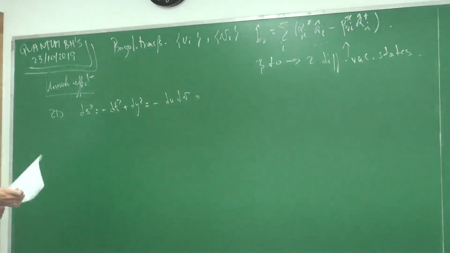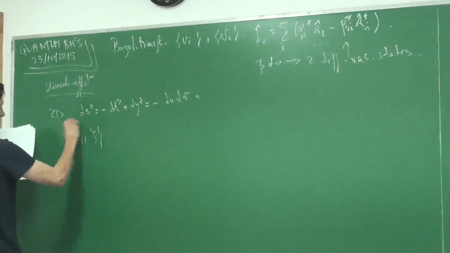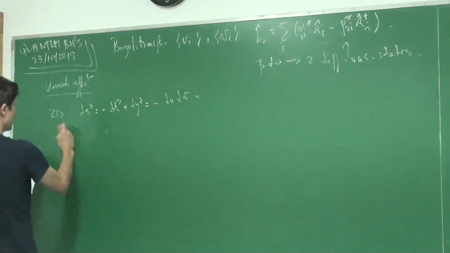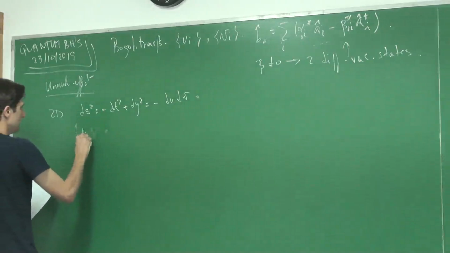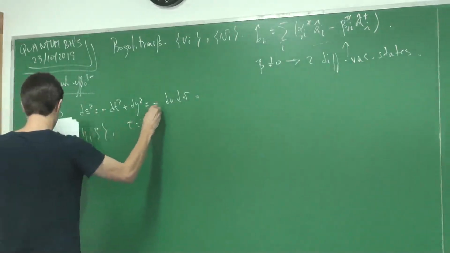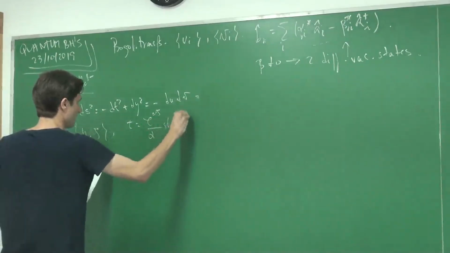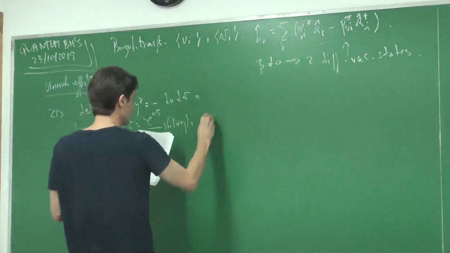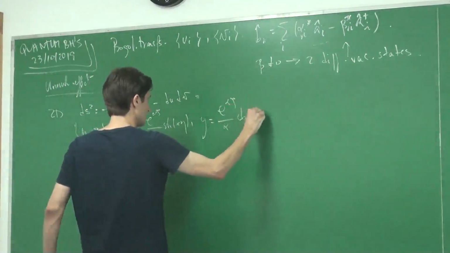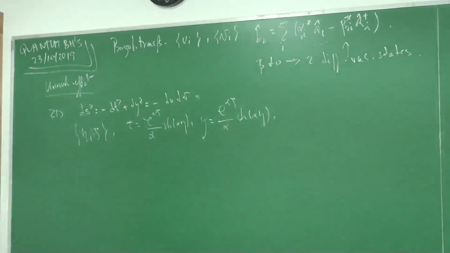So the linear coordinates are eta and zeta, defined in this way, for some constant value of alpha.